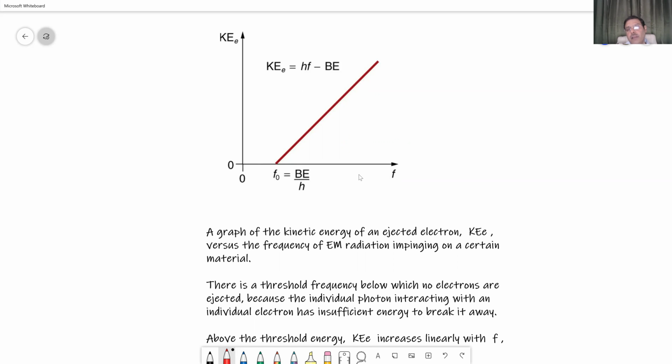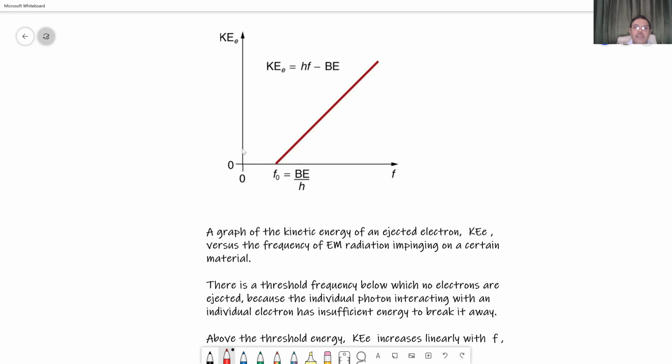So in the photoelectric effect, basically we are shining monochromatic light, meaning single frequency light, onto a metal surface. And then we are varying the frequency of light.